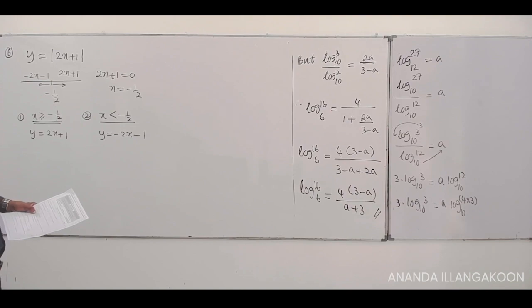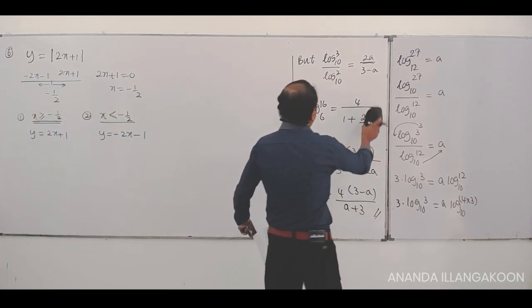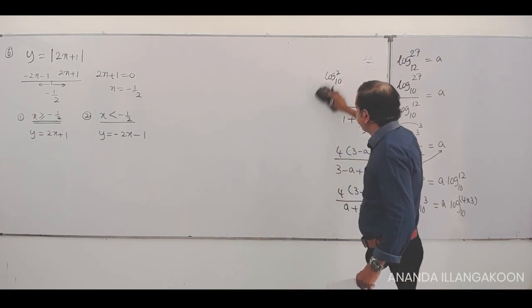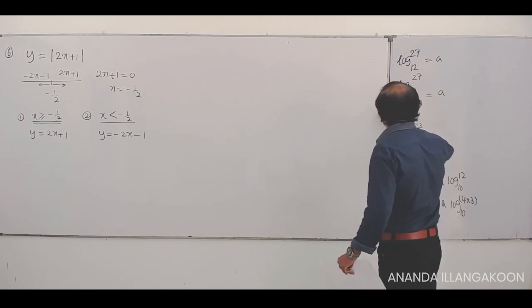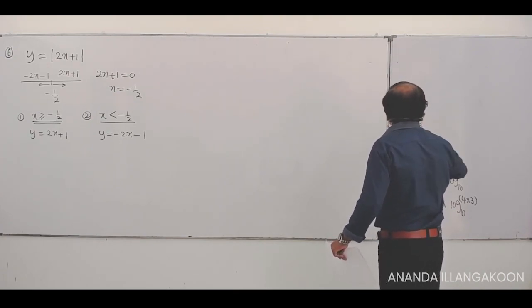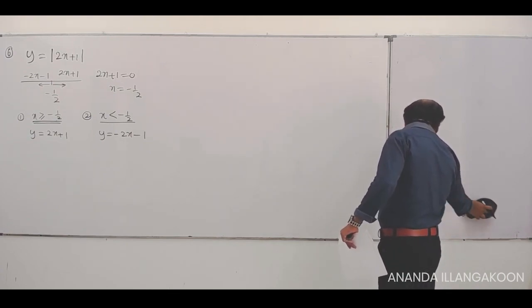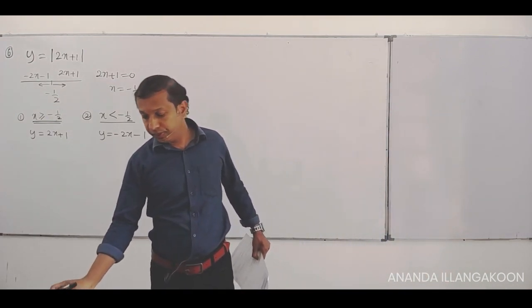Right. You know, when we draw a straight line, we should have 2 points. But this time I have told you, in drawing these 2 lines, that the modulus changes at minus half, no? Definitely, in finding 1 point, x equals minus half, we have to substitute there, right?